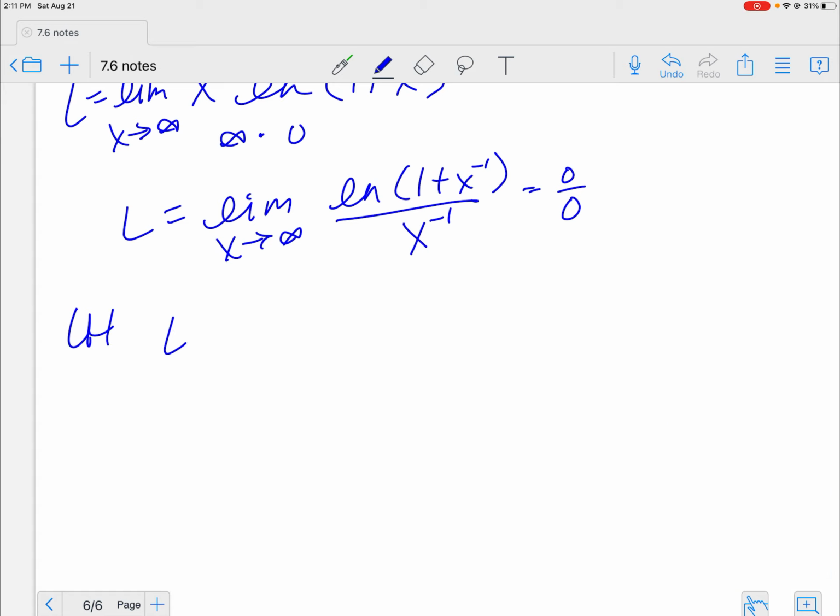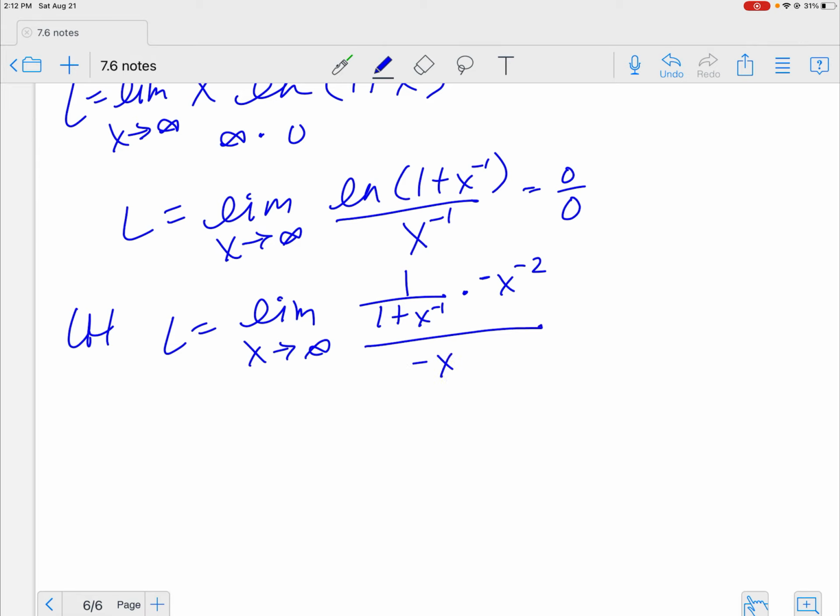Algebra never goes away, does it? So the limit as x approaches infinity, this will be 1 over 1 plus x to the negative 1 times the derivative of the inside, which would be a negative x to the negative 2 over negative x to the negative 2. That's handy.